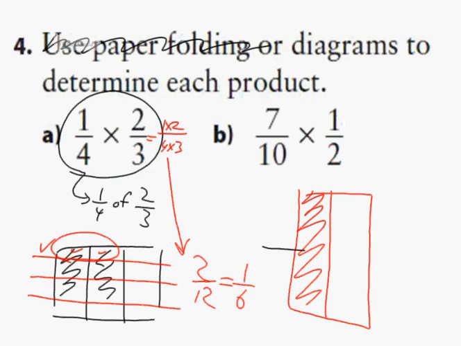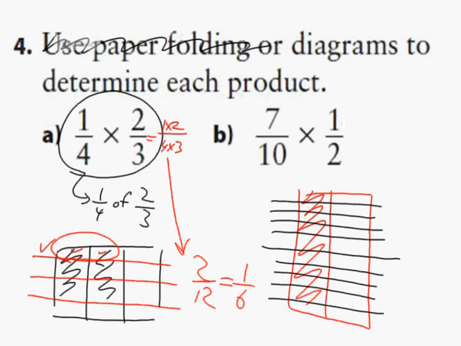So I'm going to cut it in half and then do 5 parts there. There are now 10 parts. Put check marks in 7 of them.